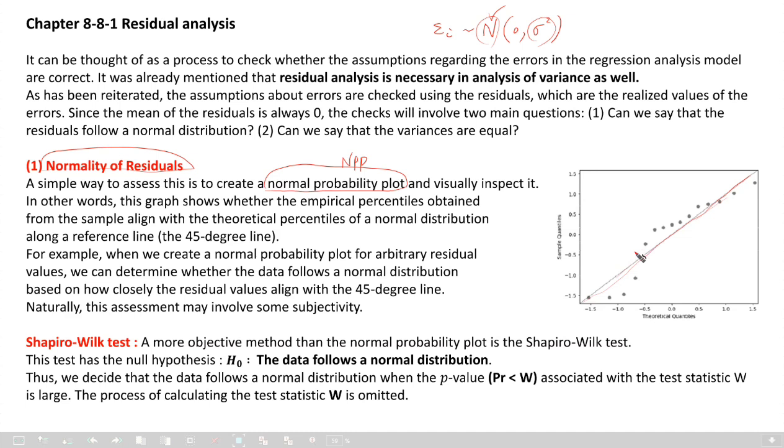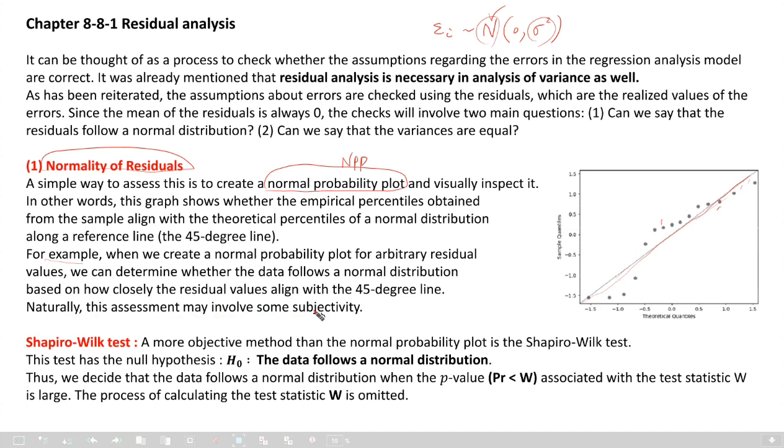Otherwise, for example, let's see. When we create a normal probability plot for arbitrary residual values like this, we can determine whether the data follows a normal distribution based on how closely the residual values align with the 45-degree line. Naturally, this assessment may involve some subjectivity.